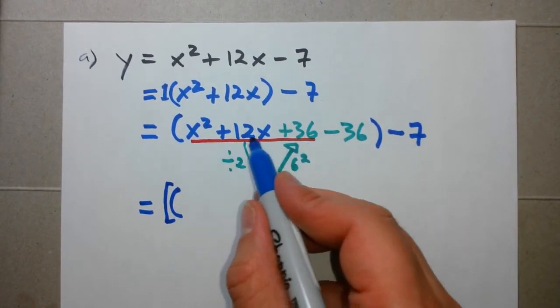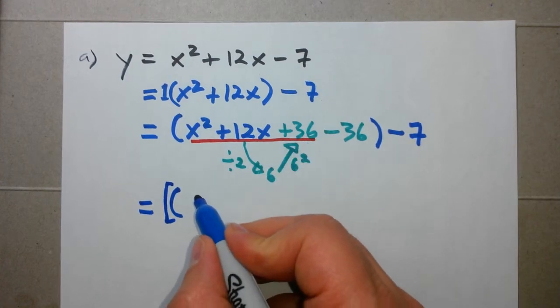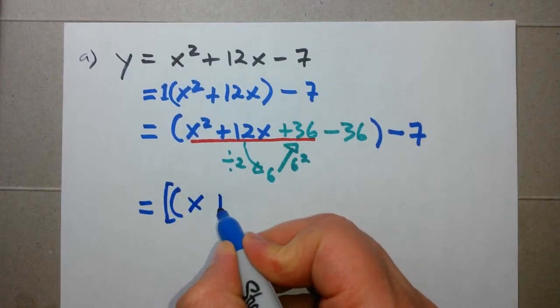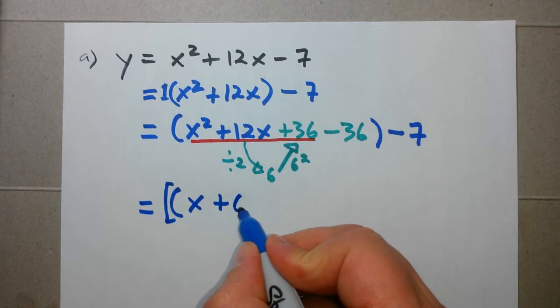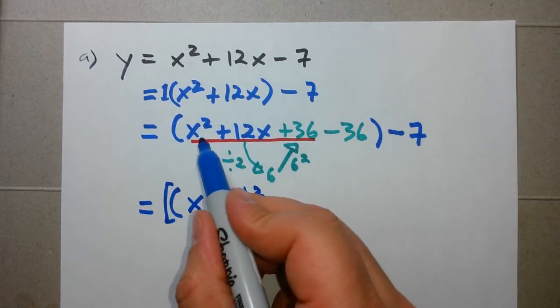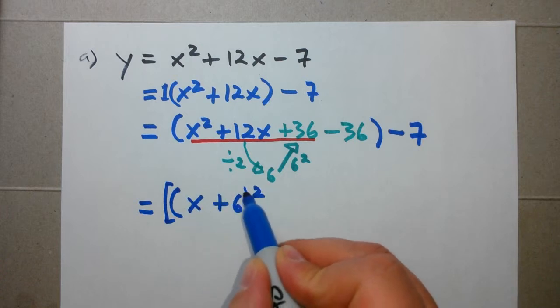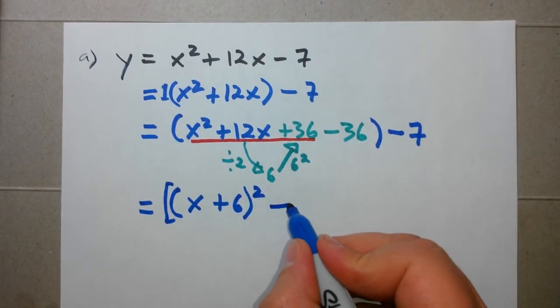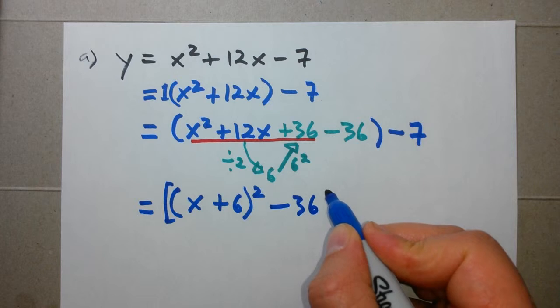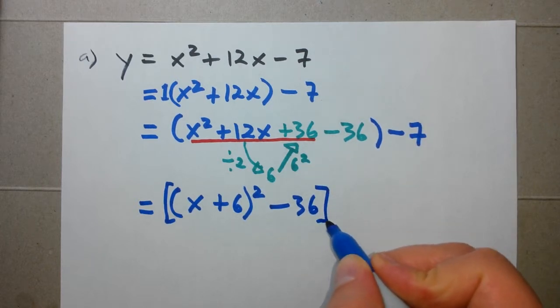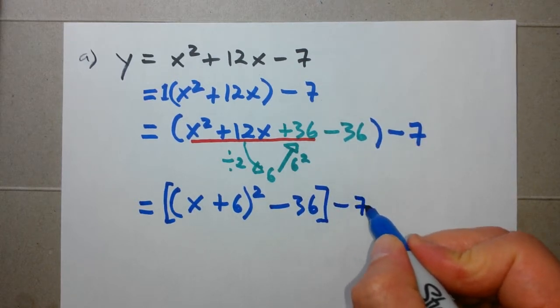So we take these three terms and we write x plus 6 squared. These three are a perfect square trinomial, and this is what we end up with when we factor them. Now we bring the minus 36 that was there, and we close the square brackets and the minus 7.